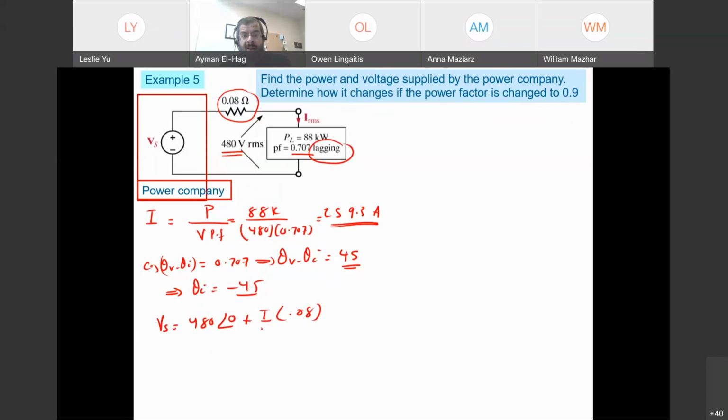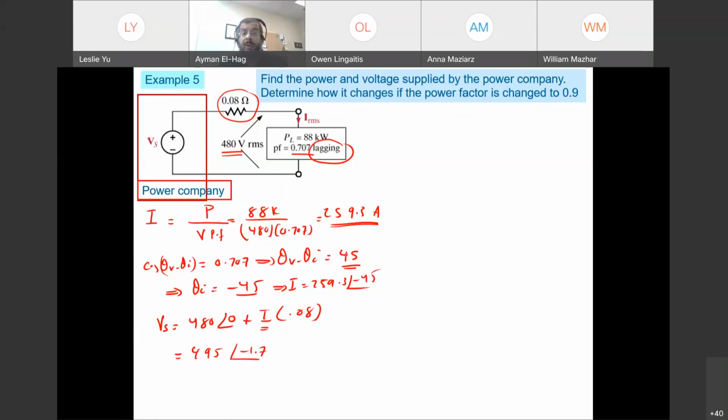Now, your current I is given to us: 259.3 with an angle of minus 45. So we have everything. Your Vs will equal 495 with an angle of minus 1.7.